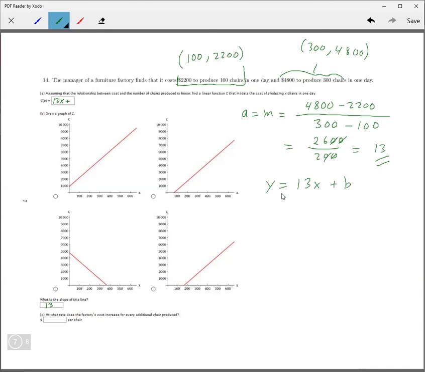We can go ahead and figure out what that is. Because we know it's linear, and we know the slope is 13, so it's 13x plus b. What we should do now is plug one of these 2 points in. This one's probably the easier one because of the smaller numbers. So plug a 2,200 in for the y and a 100 in for the x.